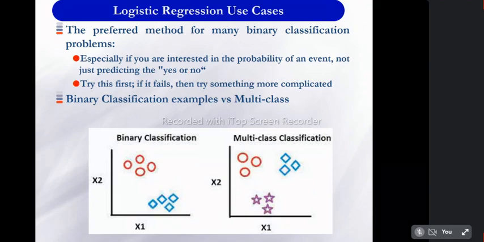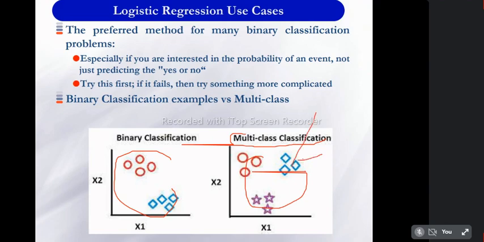And the other one is binary and multi-class classification. As the name says, binary has only 2 classes, and multi-class has 3 or more classes. As the number of classes increases, like if it has 10 classes, it will be very difficult to estimate.